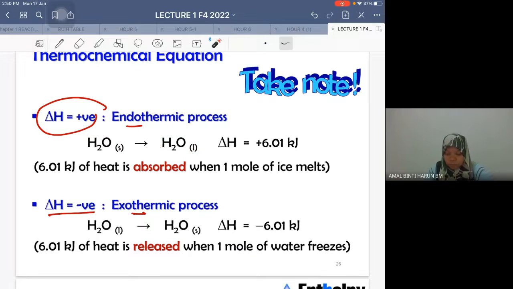Tapi kalau exothermic, heat release, dia akan form a bond. Bila release sebanyak 6.01, semasa liquid water membeku kepada water solid, ataupun bila 1 mol water freeze daripada liquid to solid, sebanyak 6.01 kilojoule tenaga dibebaskan.